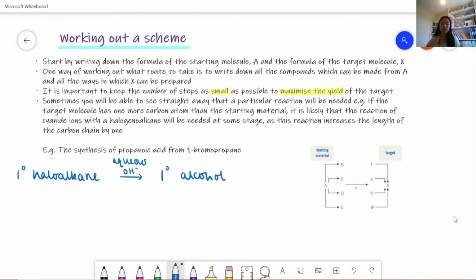The second thing I can do is also a nucleophilic substitution reaction. So this time I can add cyanide ions. So if I add some cyanide ions, then I get a nitrile, and I have a primary nitrile, because this CN- would replace the bromine.